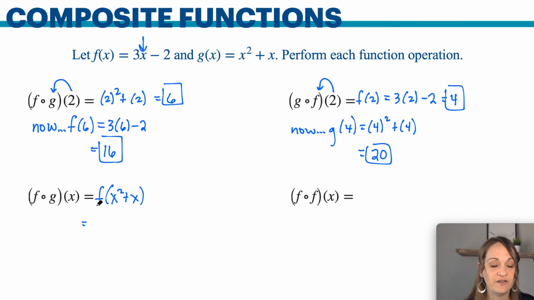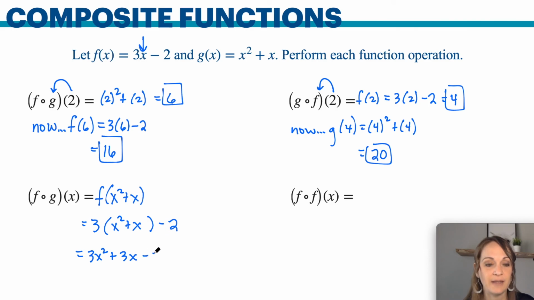So the function of f is 3x minus 2, but instead of x, you are substituting the entire function of g. So your answer is going to be 3x squared plus 3x, because you have to distribute the 3, and then minus 2. Do not distribute the 3 times 2. The 3 is only with the parentheses.